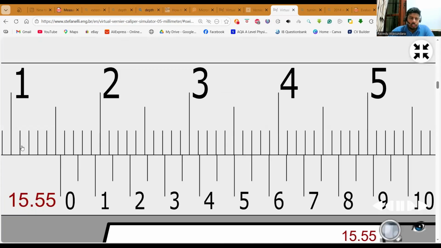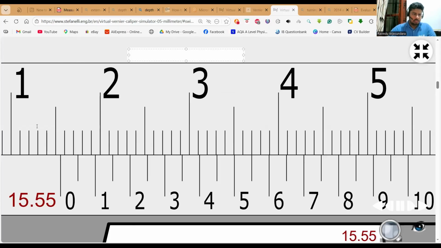Then I will enlarge this one. Try quickly. Do not look at this answer. You look at the last moment. Try to do it yourself. So you can first get the main scale reading. So it is actually 10.